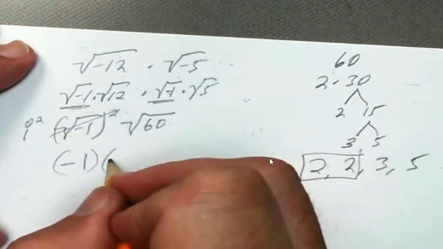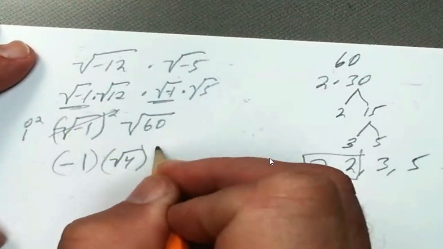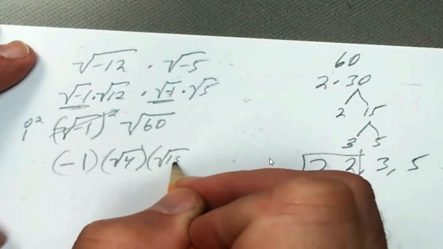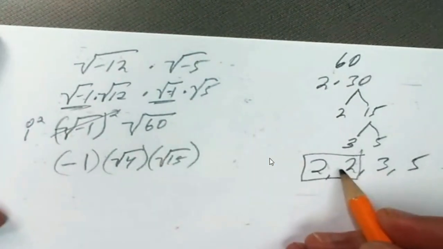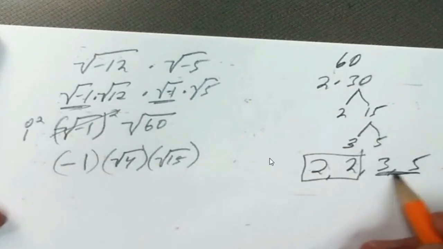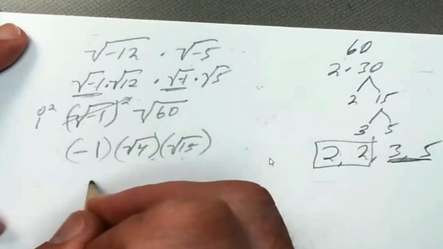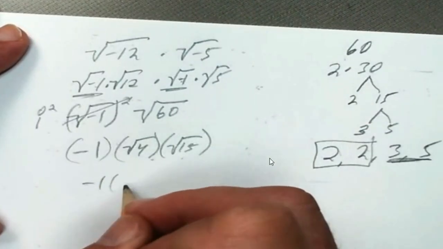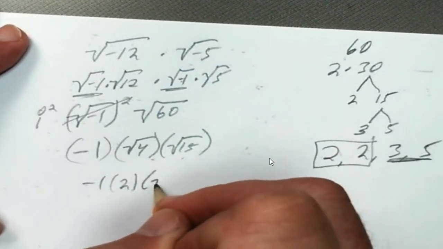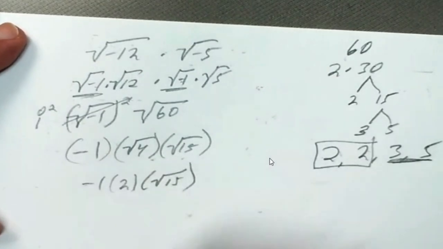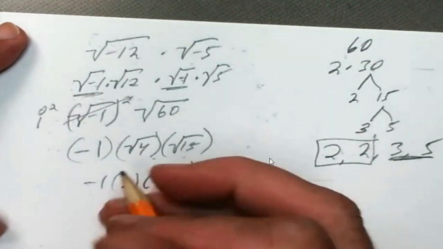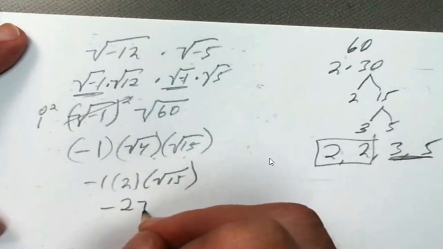Okay, so this is the square root of 4 times the square root of 15. See, 2 times 2, square root of 4, 3 times 5, 15. We can take the square root of 4: negative 1 times 2 times the square root of 15. So negative 1 times 2, this is negative 2 square roots of 15.